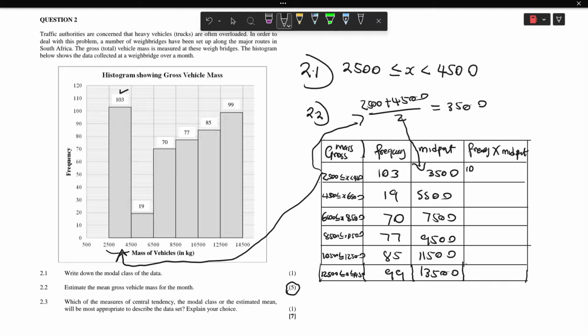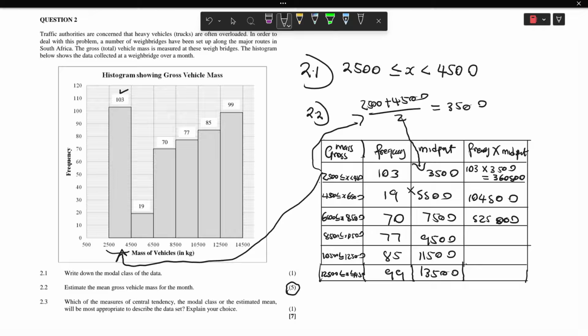Okay, now we multiply these two. We say 103 multiplied by 3.5. That is what we're going to get as the answer here. It will be 360,500. Then even here, you multiply these two and write the answer there. It will be 104,500. You do the same here, 525,000.